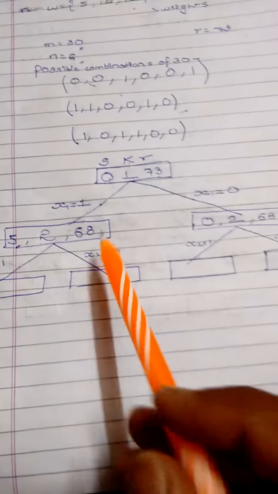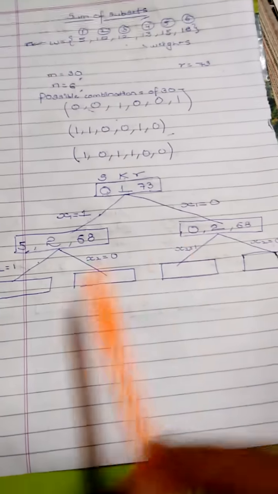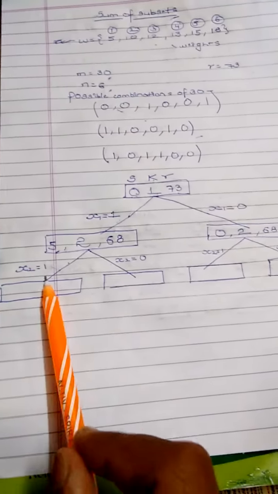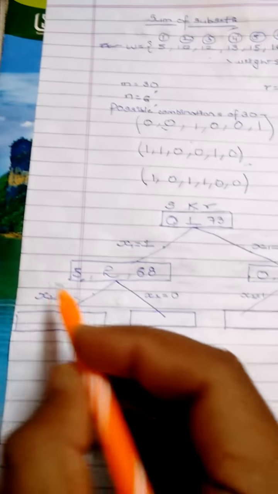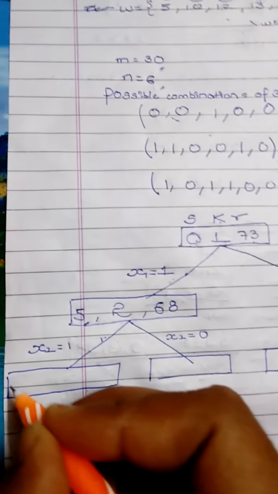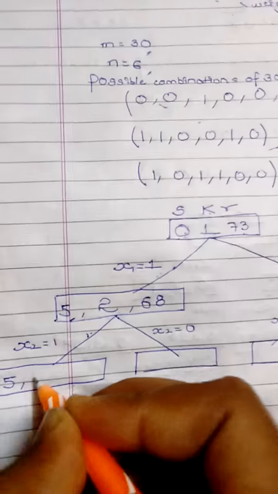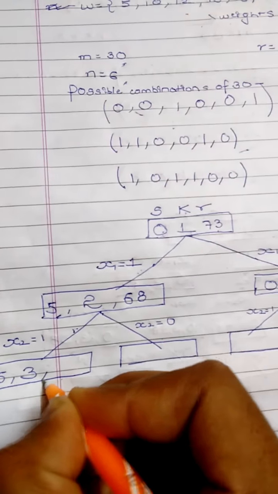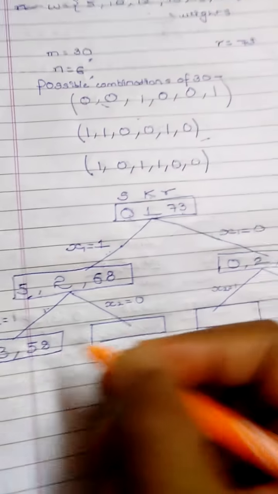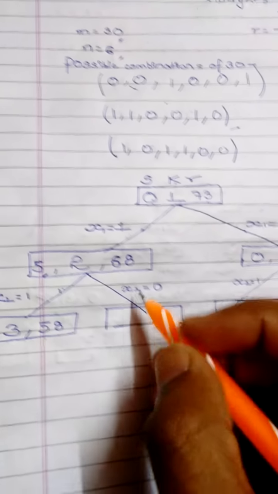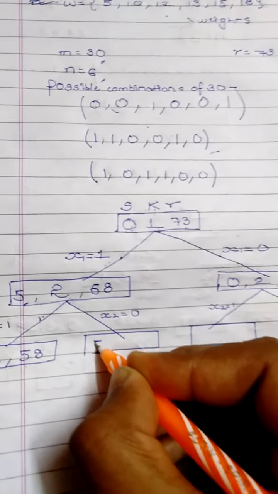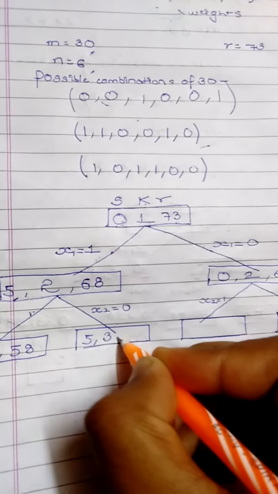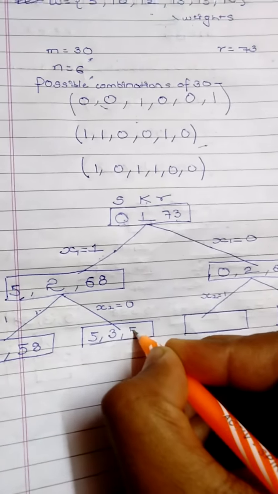Now we further divide the subtree into two parts, that is x2 equals 1 and x2 equals 0. Here also, if we add the second weight, that is 10, the sum will become 15. I have to move to the next position and R will become 58. If I have not added my second weight, 10, in my subtree, my sum will be 5 only. I have to move to the next position and R will be 58.